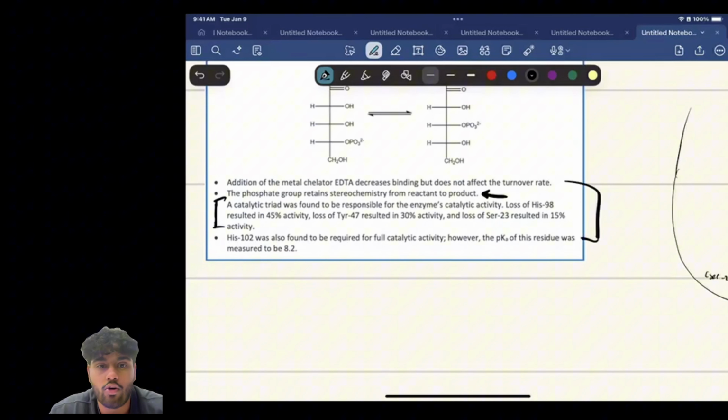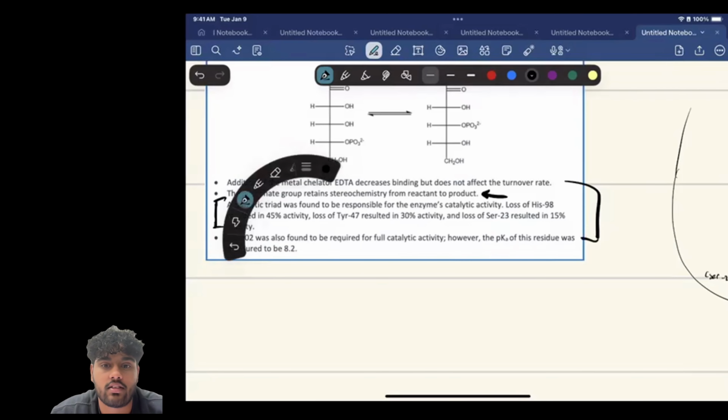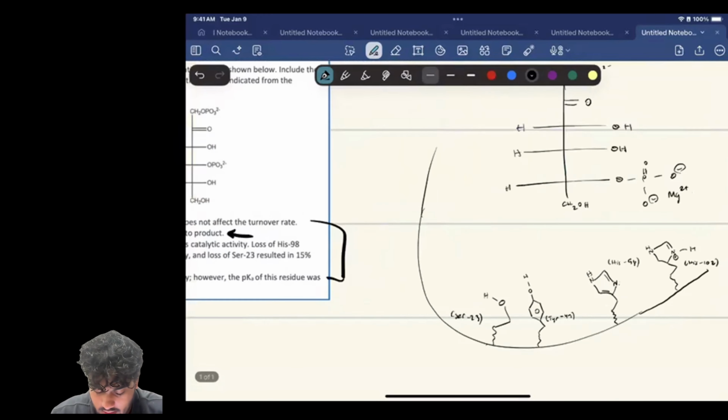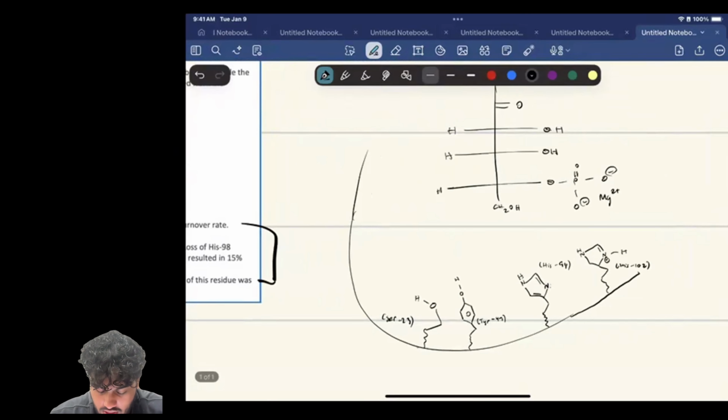This overall just indicates that it is a modified catalytic triad where serine 23 acts as the main nucleophile, and then histidine 98 acts as the general base, and tyrosine 47 stabilizes histidine 98.